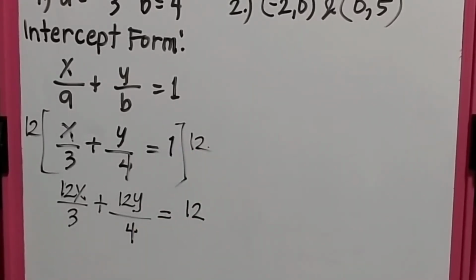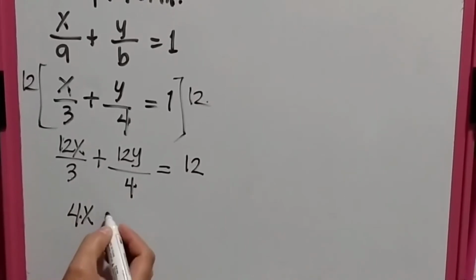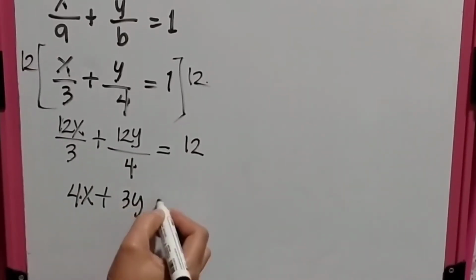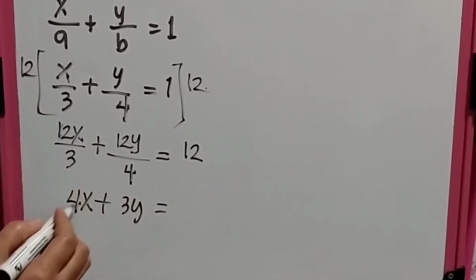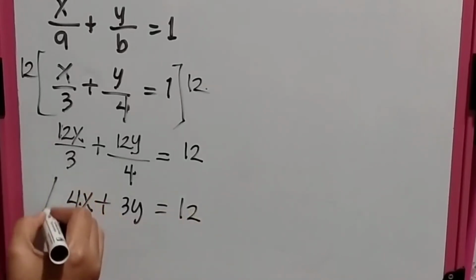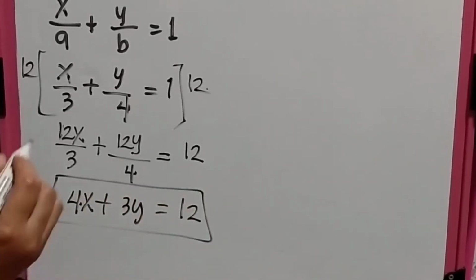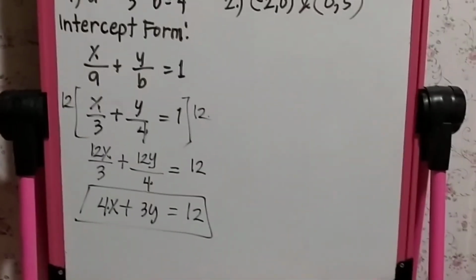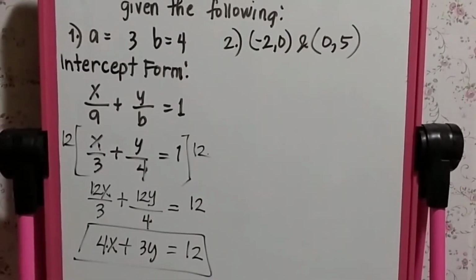Then we will just simplify. 12x over 3 is 4x plus 12y over 4 will give us 3y. Diba? 12 over 3 is 4. 12 over 4 is 3. Equals 12. So, this is the equation of a line we're looking for, written in standard form. Okay? So, let's go to the next.